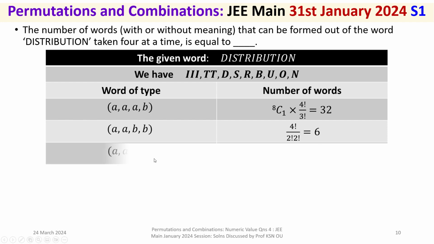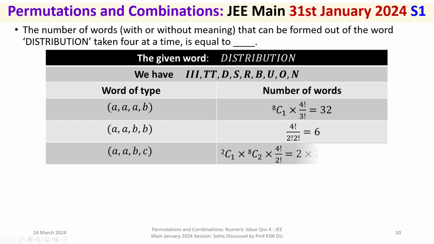Next, AABC, where B and C are different, distinct and not repeated. A can be I or A can be T. So in how many ways can A be chosen? A can come from I or T, and B and C are distinct, so the remaining choices for B and C are 8 letters. So it will be 2C1.